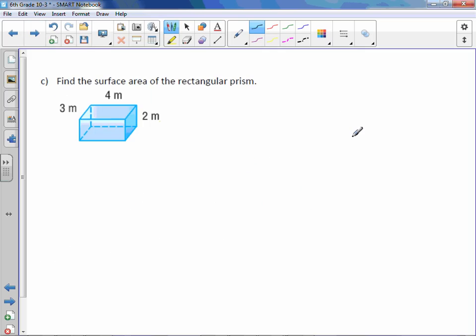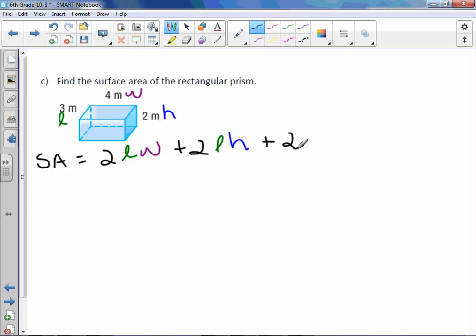Find the surface area of the rectangular prism. Length, width, and height. Surface area equals 2 times length times width plus 2 times length times height plus 2 times width times height.